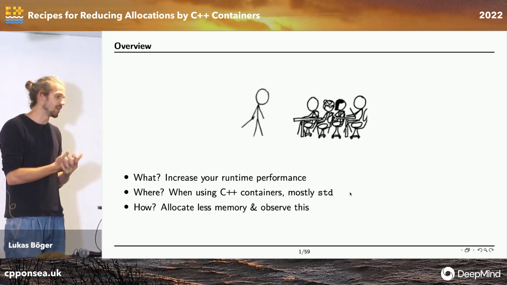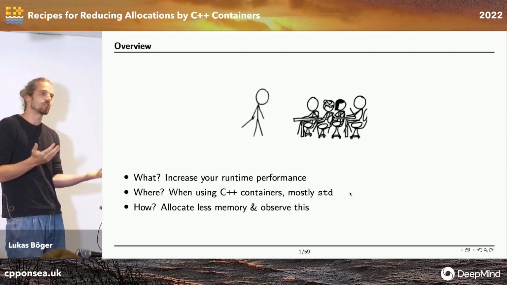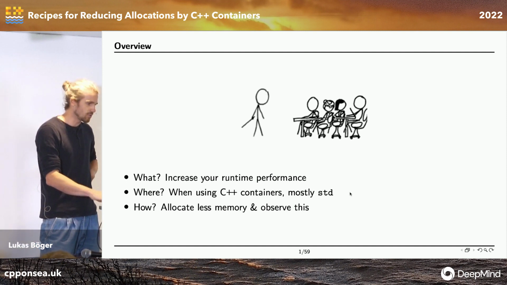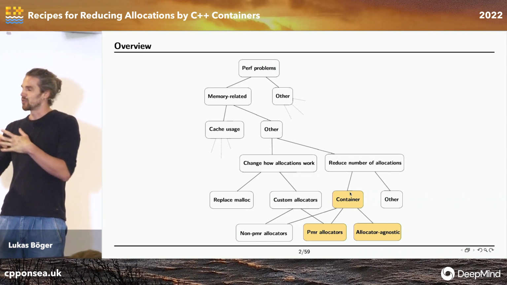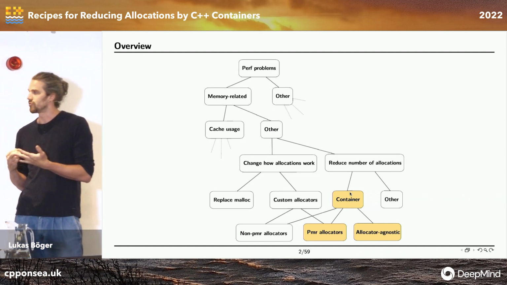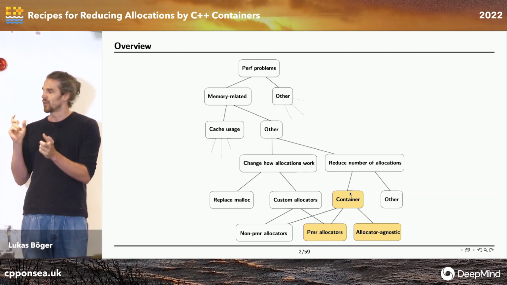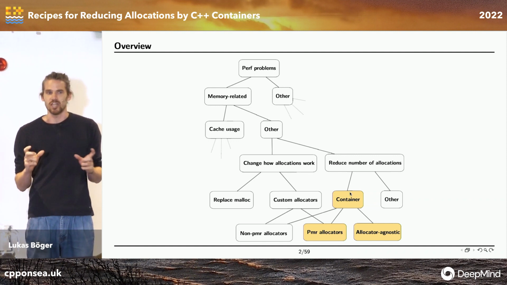And along the way, I'll try to give you some hints how to use certain tools in order to observe these improvements. To put it into a broader context, we really focus on a small subset of possible perf tweaks. And I'd like to point out in particular that whatever I show you, the behavior of the allocation is never changed, right?